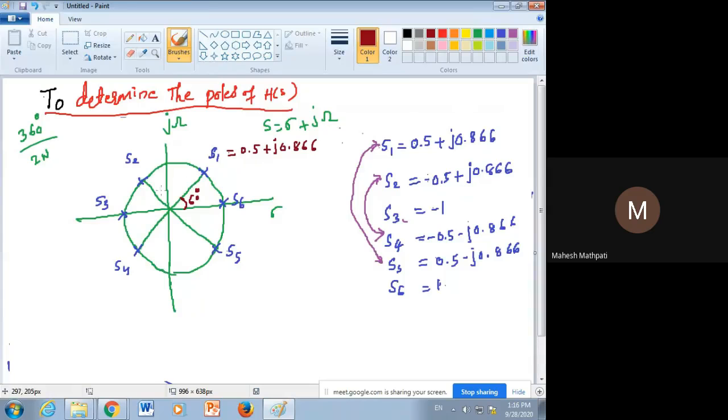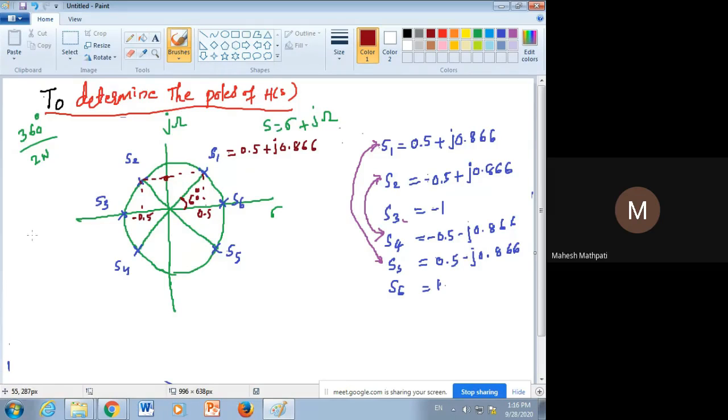Let us assume that it has 0.5 as a positive value. तो ये आपका 0.5 है यहाँ पे. तो यहां पे क्या आएगा, -0.5. और ये j omega वैल्यू कितना है, 0.866. तो ये यहां पे आता है.